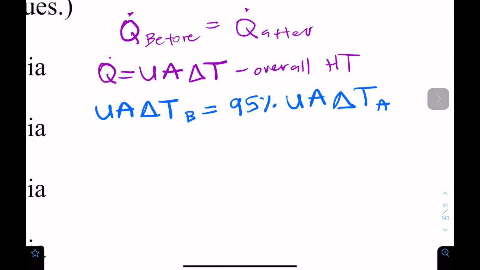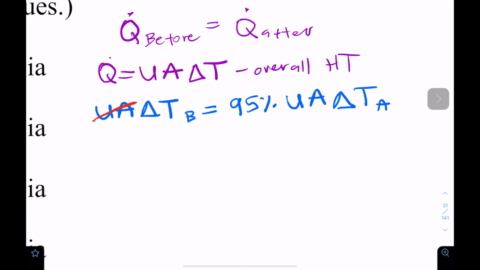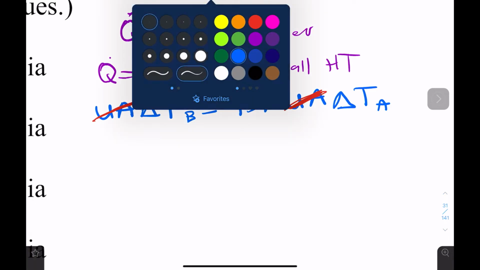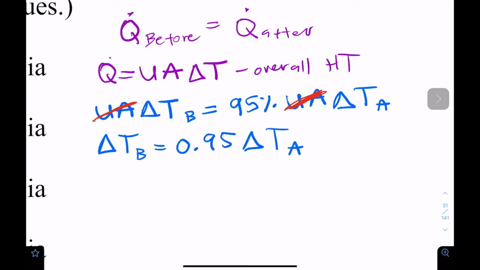So that means I can get rid of that. So I have my delta T before equal to 0.95 delta T after. But what's my delta T?